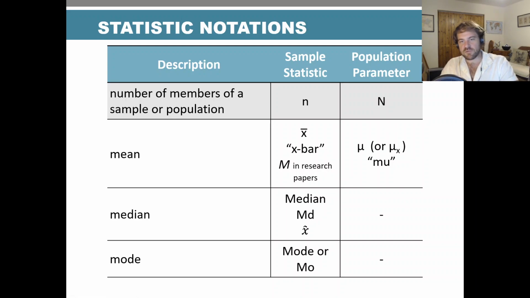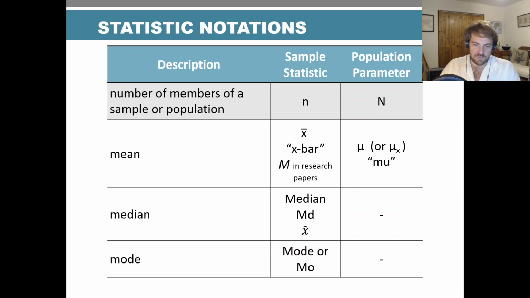When we're looking at median and mode, there's not a difference from sample to population. It's always the median. Sometimes abbreviated as MD, and sometimes this X with a tilde over top, which is rarely used. People usually just say the median, whether it's sample or population. Same with mode. It's either mode or MO, but usually it's just mode. We use it so infrequently that we'll just say median or mode.